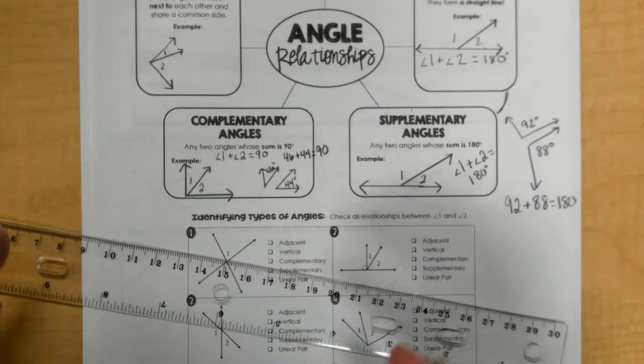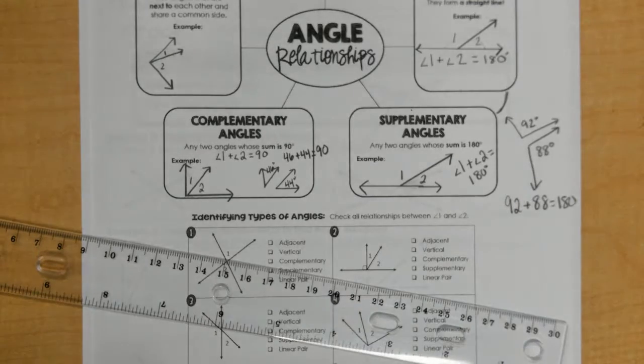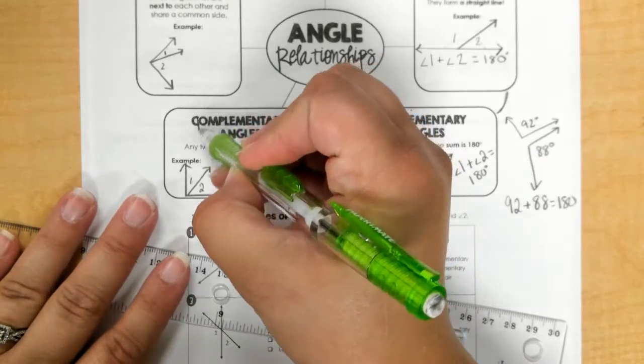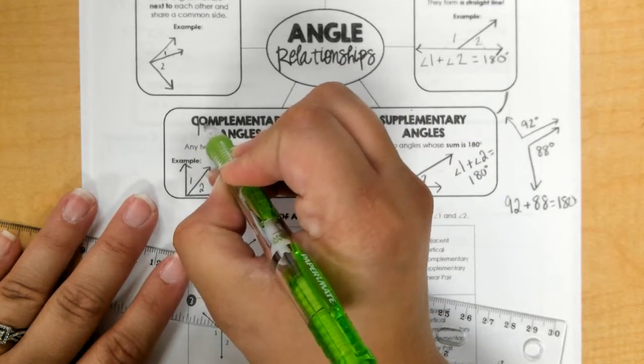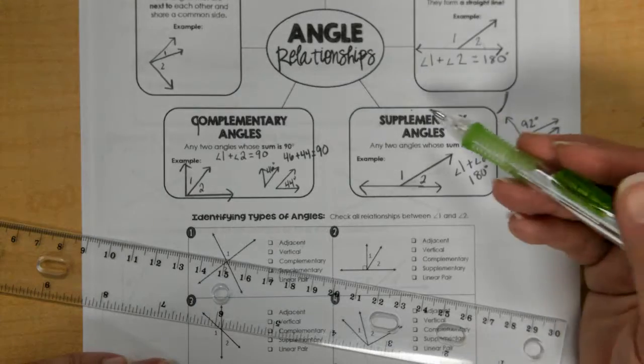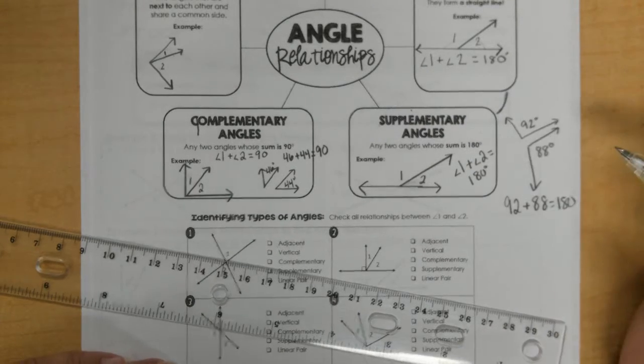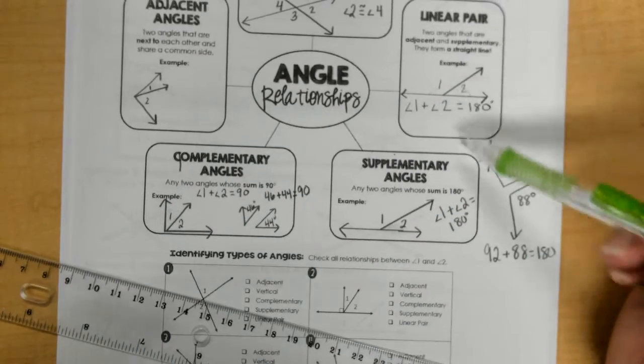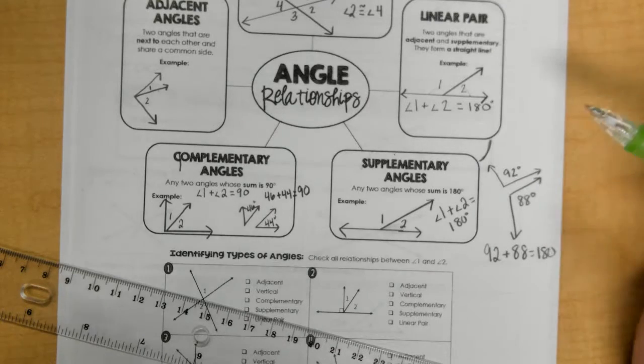Okay? And then if you have a hard time remembering that complementary is 90, then you could think of the C turning into a 9. That would be 90 right there. Okay? So complementary is 90, supplementary 180 degrees. And a linear pair means that it's on a straight line, which is 180.